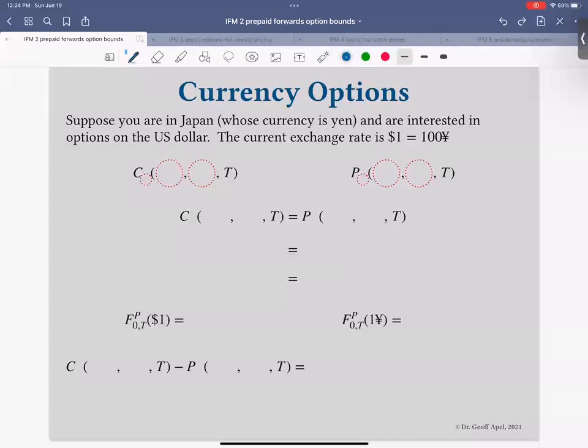Let's say we are in Japan and our currency is yen, but we're interested in investing in stuff with the US. So our domestic currency would be the yen, and we're trying to do business with the States. But here's where it comes to something like in this exam, because from our point of view in Japan, the US currency is fluctuating all the time, kind of like a stock.